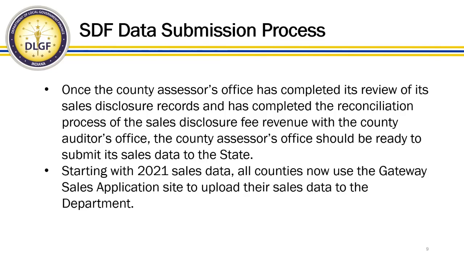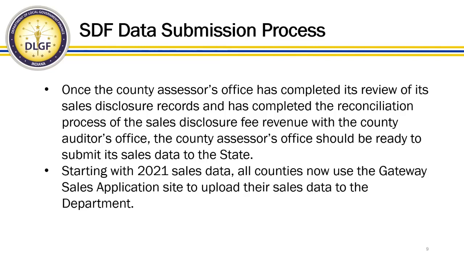So that was one way to submit your data. And then the majority of counties use a third-party vendor such as Xsoft or AS2 or Guts to handle their sales disclosures. So they would enter their sales disclosures into their local system and then generate a few data files from their system and upload that to Gateway SDF. So those are the two previous ways for submitting your sales disclosure data.